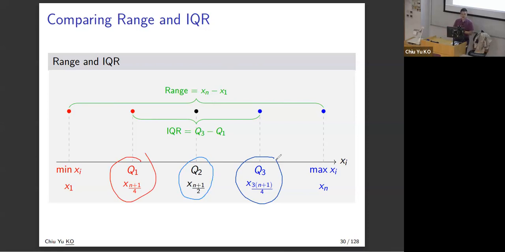If you have a lot of data, then the methods we're talking about would be very similar. If the data is smooth, there's no difference. But when the data you got is not a lot, then there can be a difference.